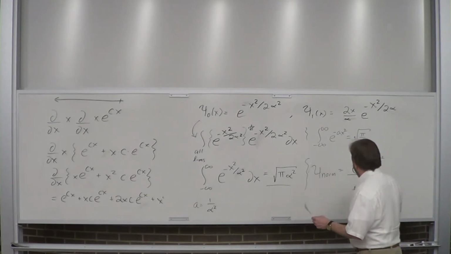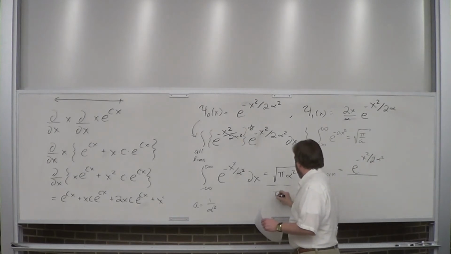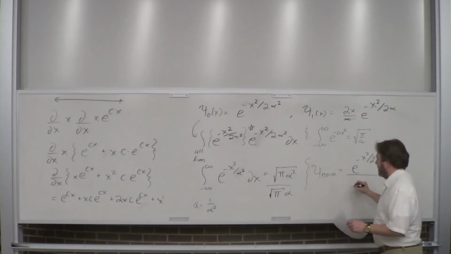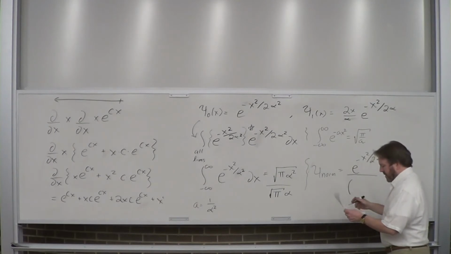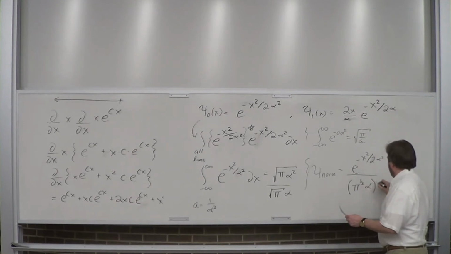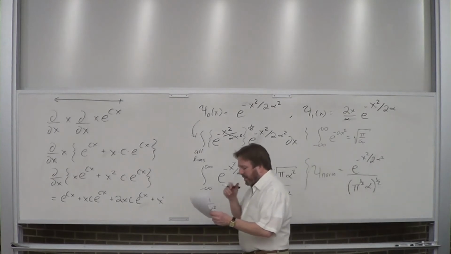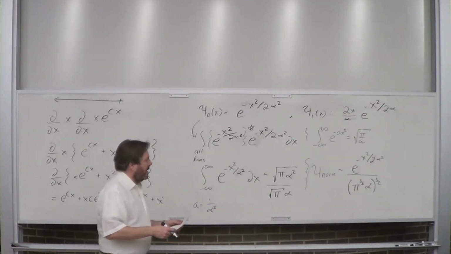Let me simplify that. So what you would have is, let me make sure I'm doing this right, pi to the 1/2 alpha to the 1/2. Okay, that looks kind of bad. I would understand if you get a little bit flummoxed about what's what.